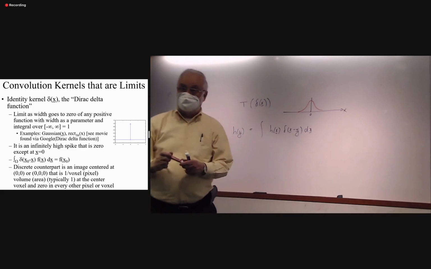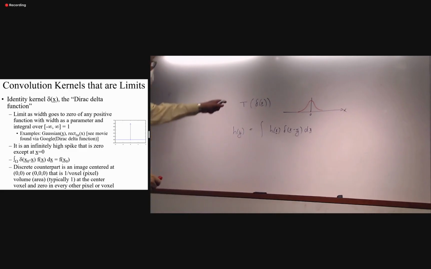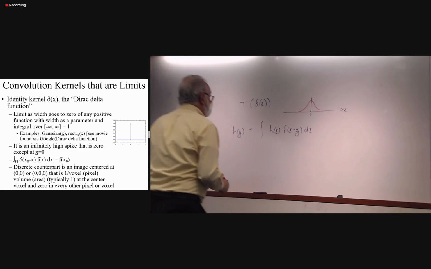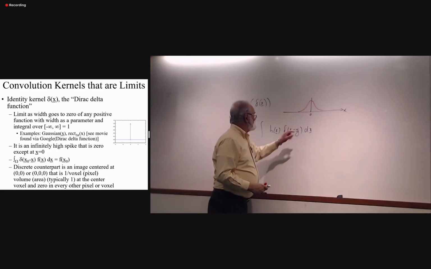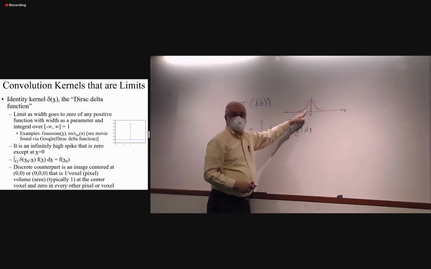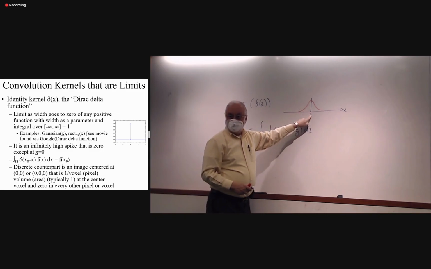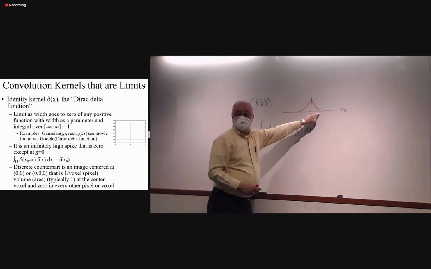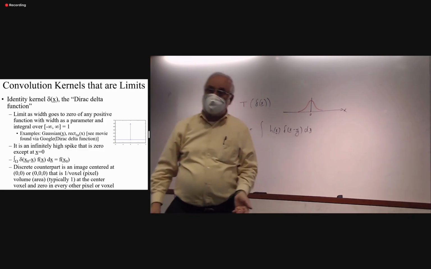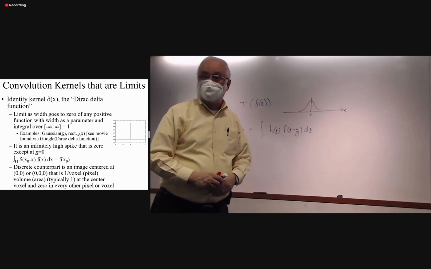Okay? That's why the kernel is also called the impulse response function. The delta image is an impulse at 0, and it produces a response of h of x.